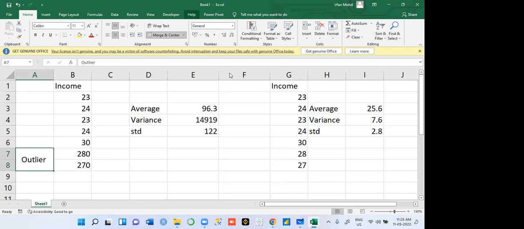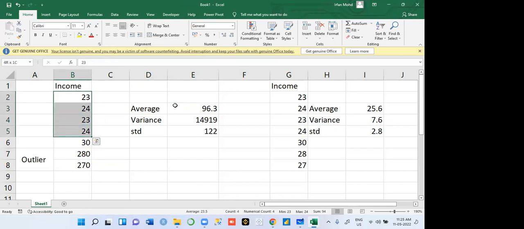My doubt is, when we are calculating average, variance and standard deviation, do we need to select the complete column of income and calculate, or only a particular part? No, the complete column. Okay. The formula is x minus x bar; it is manual.